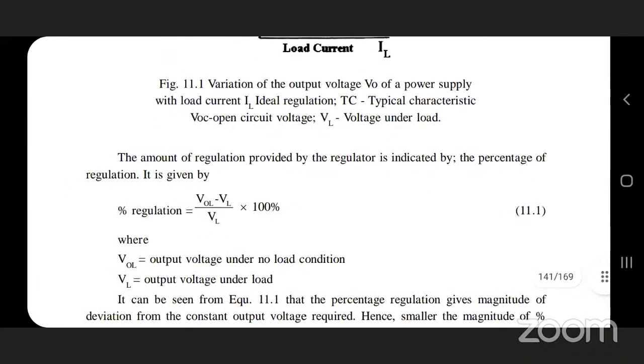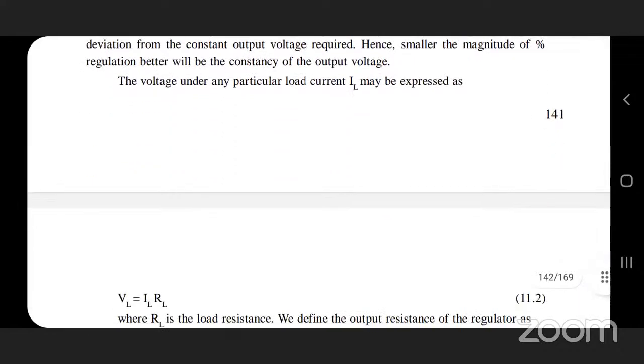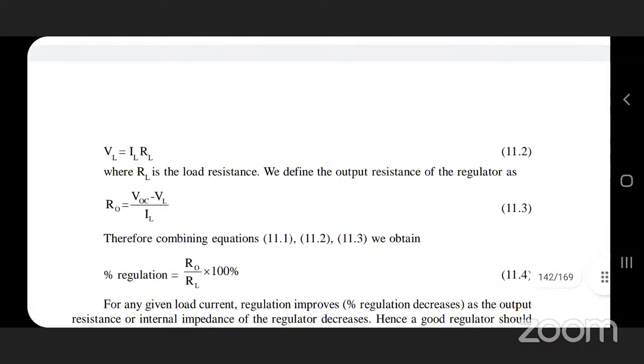What is the percentage of regulation here? It is (V infinity minus VL) divided by VL, into 100. This is the formula. VL is the voltage under load, and V infinity means the output voltage under no load condition. IL is expressed according to Ohm's law, V equals IR, so VL equals IL into RL.